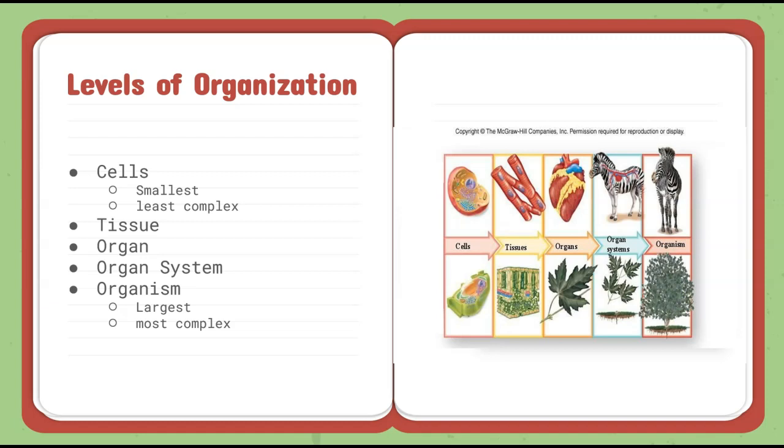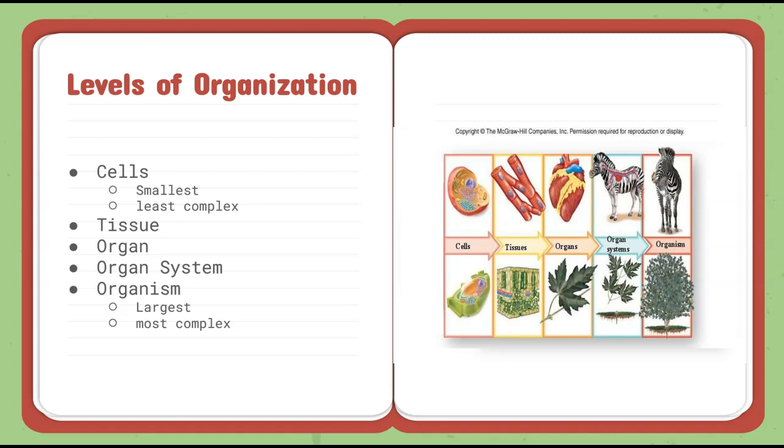When you form a group of cells together, you get tissues. When you combine tissues together, you form an organ. When a group of organs are working together, that's an organ system. And when a group of organ systems are working together, you have an organism. The organism is the largest and most complex level of organization that we will be talking about this year in 7th grade.